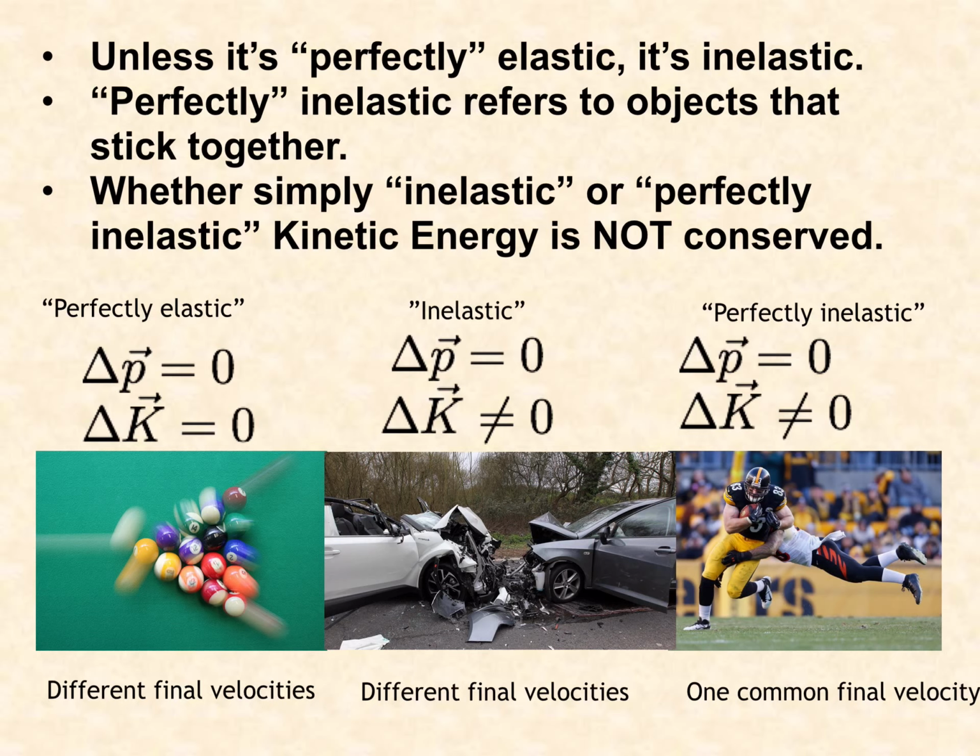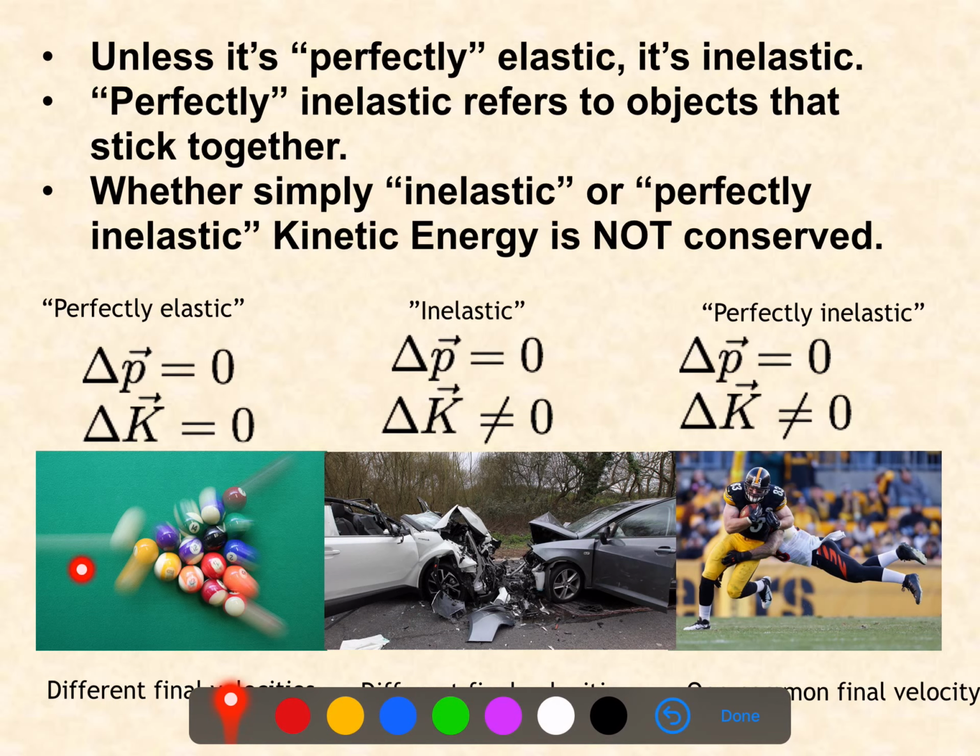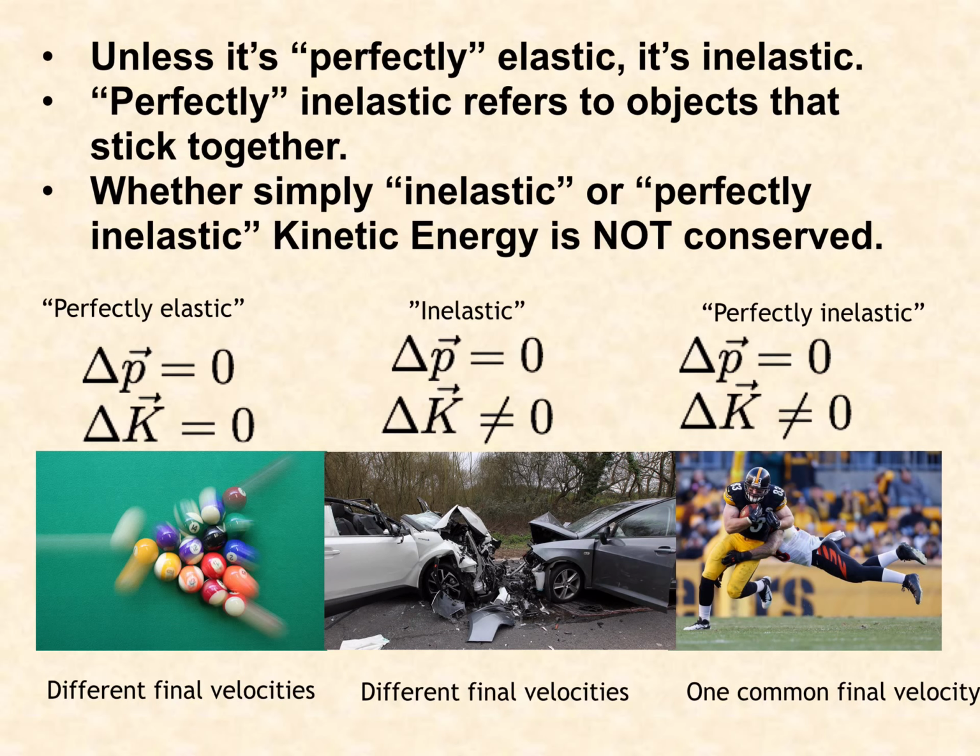We can approximate some things as perfectly elastic collisions. The typical example, like I mentioned last time, is the collision of billiard balls. Most collisions, however, are going to involve some loss of that kinetic energy in the form of deformation or heat or noise as the collision takes place.